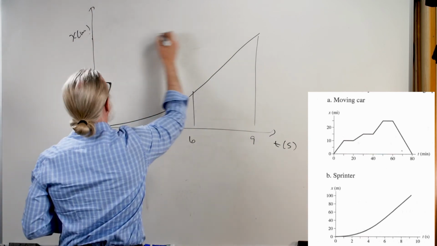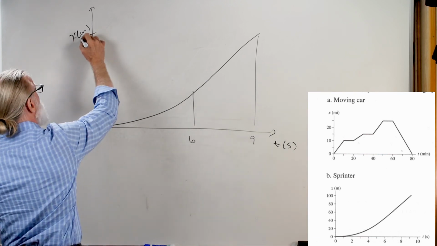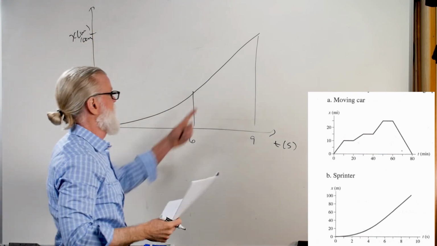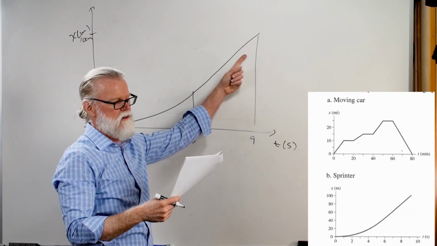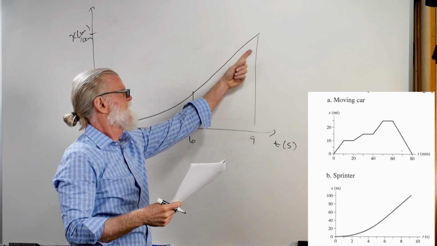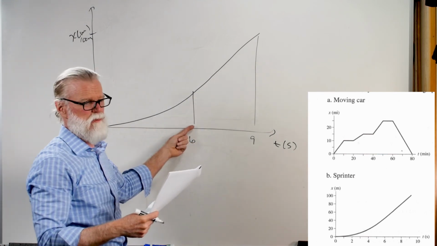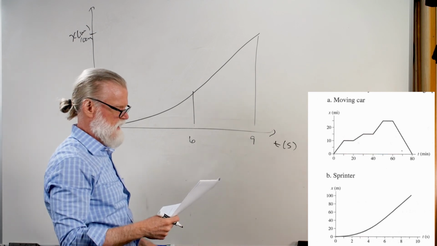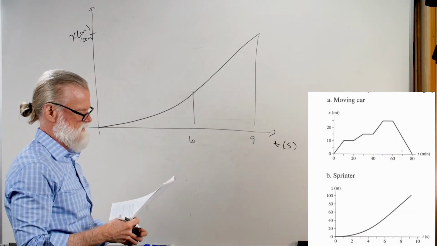It's the shortest sprint in outdoor track. So we had 100 meters, and this is pretty linear. I calculated that slope to be about 20 meters per second. So the sprinter started from rest and hit top speed at around 6 seconds and maintained that speed through 9 seconds.